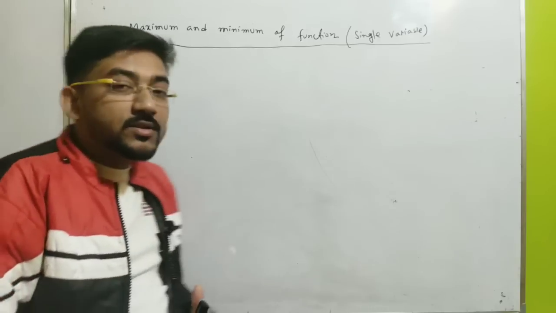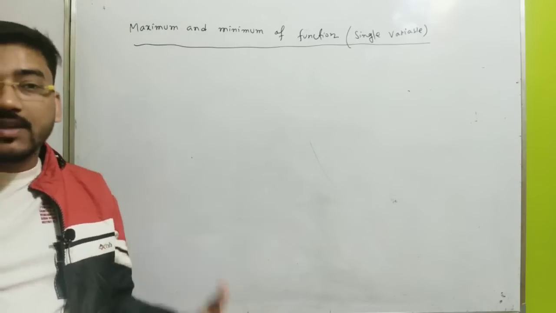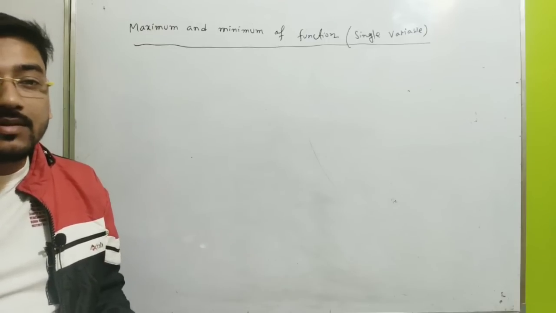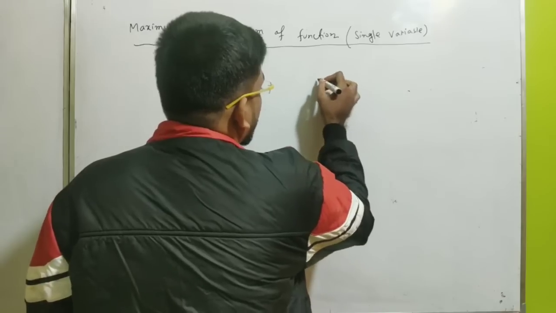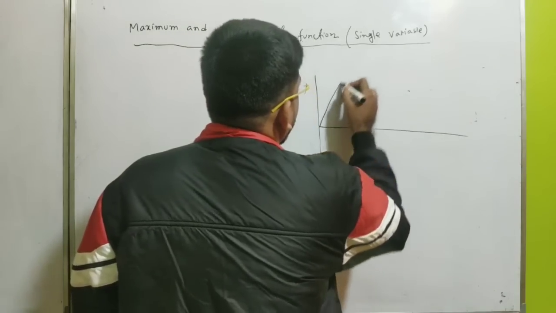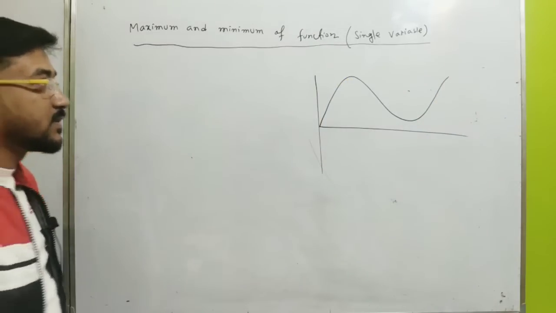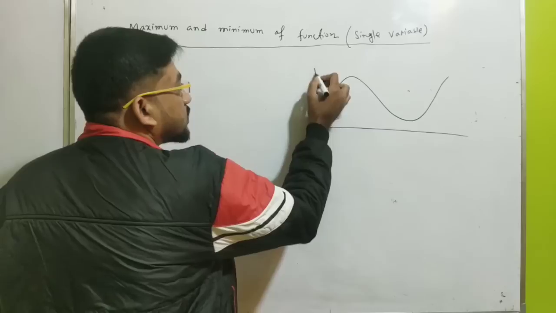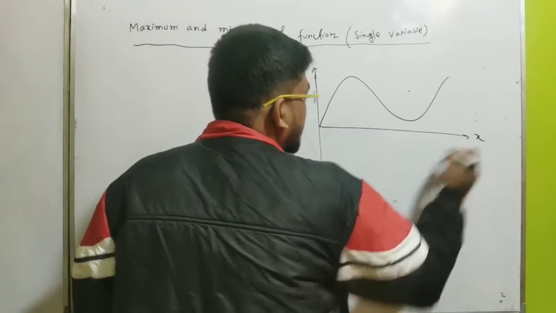Now to discuss this topic, let me choose a function which has a maximum as well as a minimum, so that you can understand the thing. Let me draw a function like this. So this is y, or f of x, and this is x.